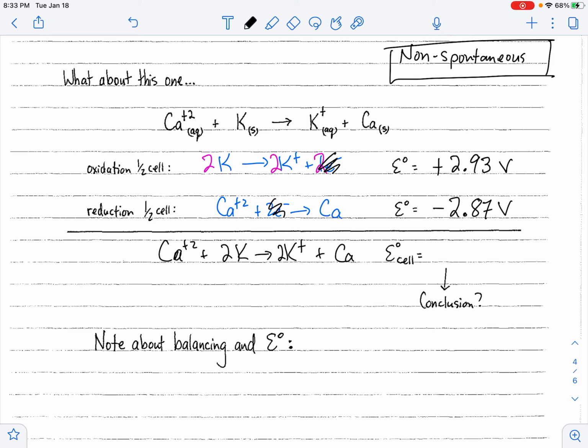And so we don't ever multiply any of the potentials by the coefficients we're using when we're balancing equations. So I'm just going to leave it as it is.